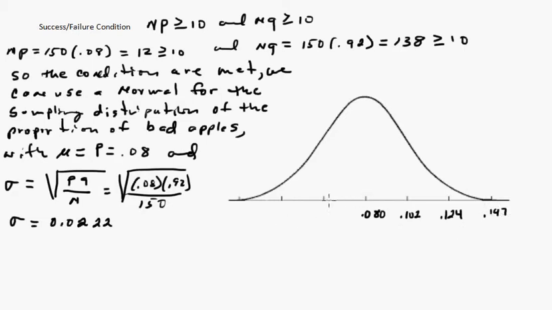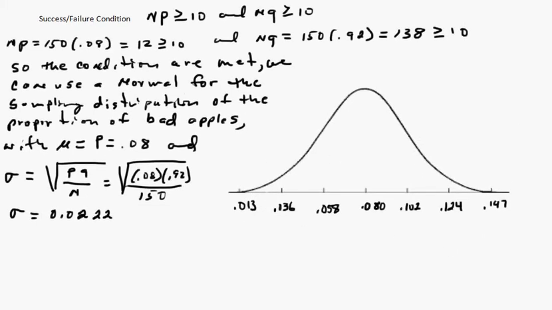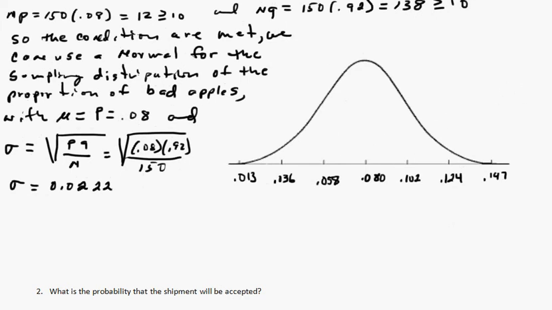Now if I subtract it, I'm going to get 0.058, and then 0.036, and then 0.013. Okay, so this would be what we would expect.